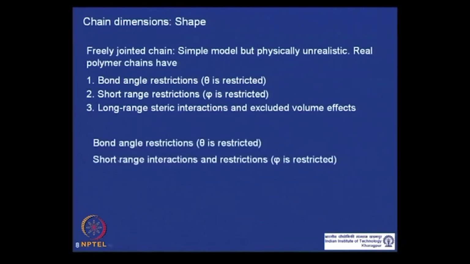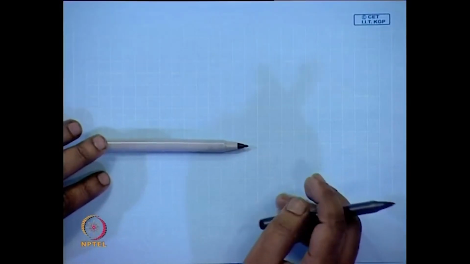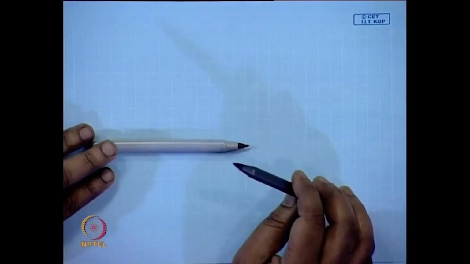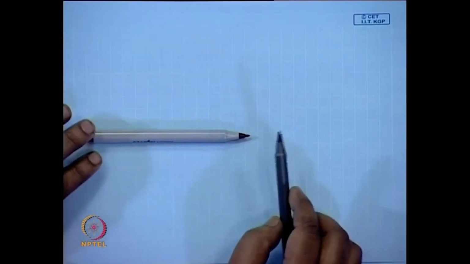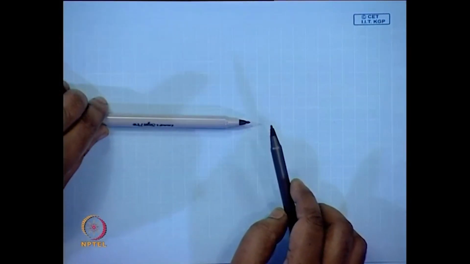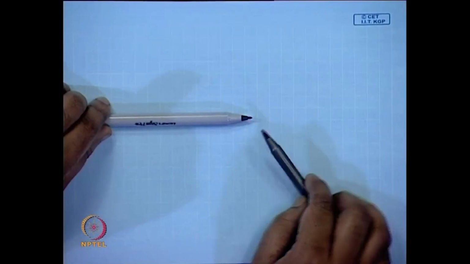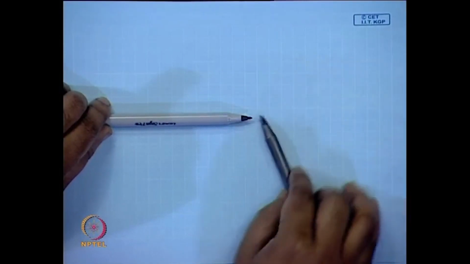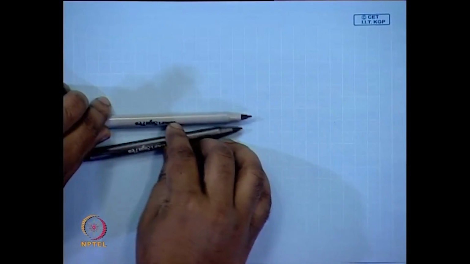Now, let us first consider these two, bond angle restriction and short range rotational restriction. Let us consider first a single bond, one bond like this. Now the other one, in case of a freely rotating chain, you can place it here, you can place it here, or even you can place it here.